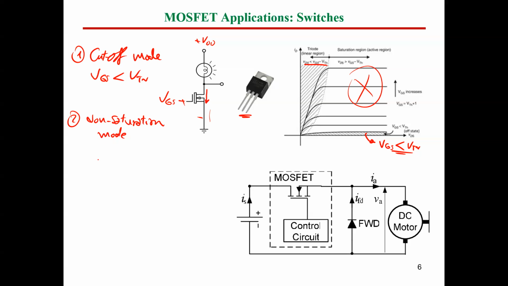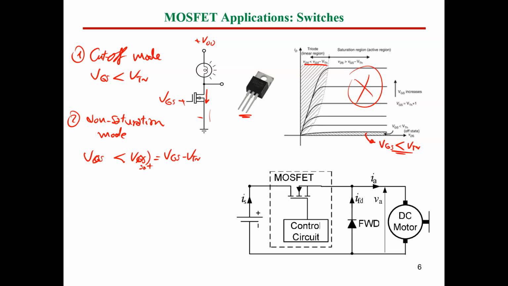And again, the condition of this non-saturation mode is V gate to source should be greater than V threshold, and V drain to source should be less than V drain to source saturation, which is equal to V gate source minus V threshold. Okay, so these are the two modes of operation that we use in a switch.